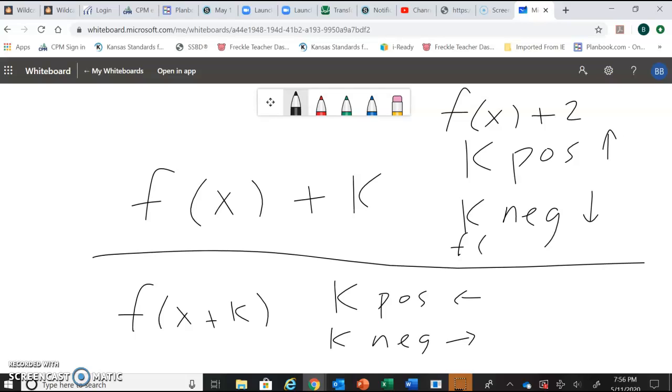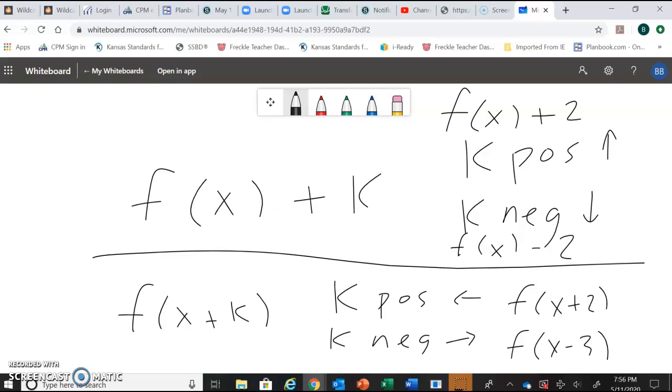This is a negative example. And I could say plus -2, or I could say -2, either way. And here's an example of a positive one here. And here's an example of a negative one here.